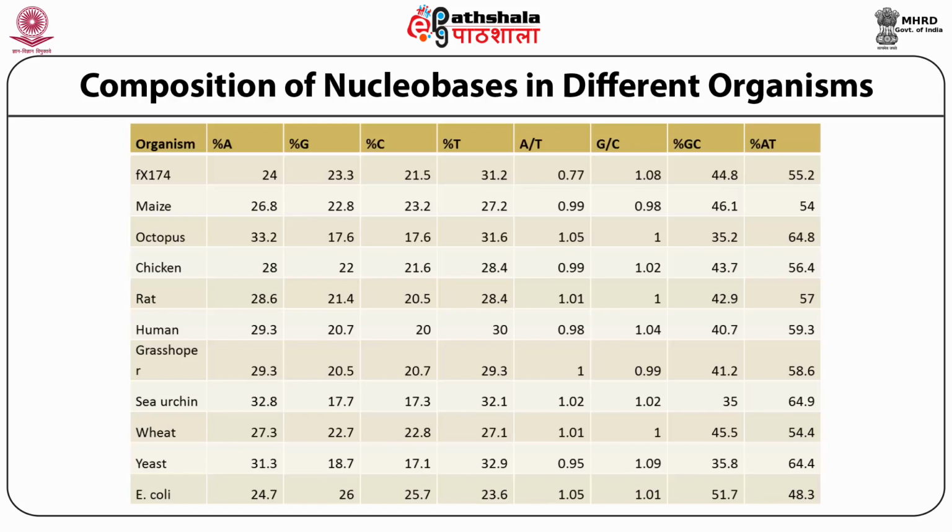Similarly, wheat, the percent of AT is 54% and GC is 45.5%. The case is reverse in case of E. coli. GC is 51.7% and AT is 48.3%.